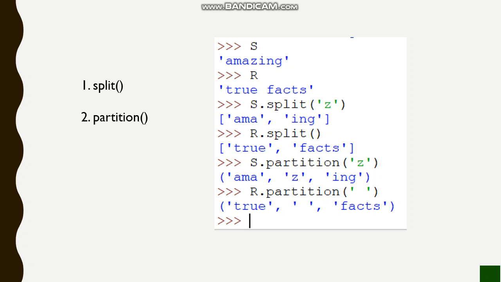So S.partition("z") gives "ama" on one side, Z as the middle string, and "ing" on the other side. And R.partition(" ") gives "true" on one side, then in the middle you get the space, and after that you get the second word, "facts". Hope you understood the difference between the split and partition functions.